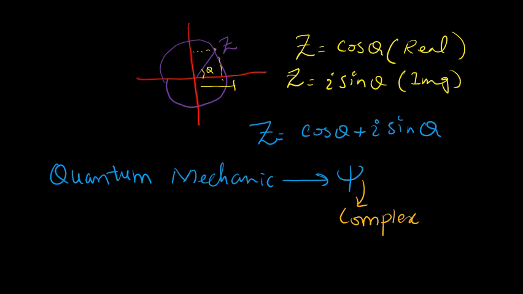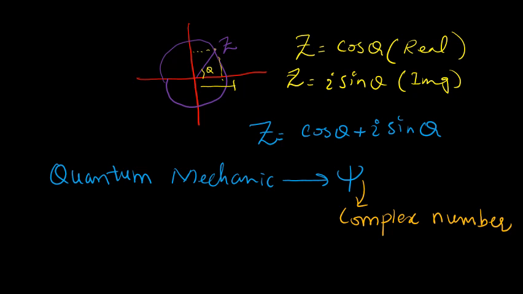Since complex numbers cannot be measured directly, there is an indirect relation between the wave function and the measurable quantity.